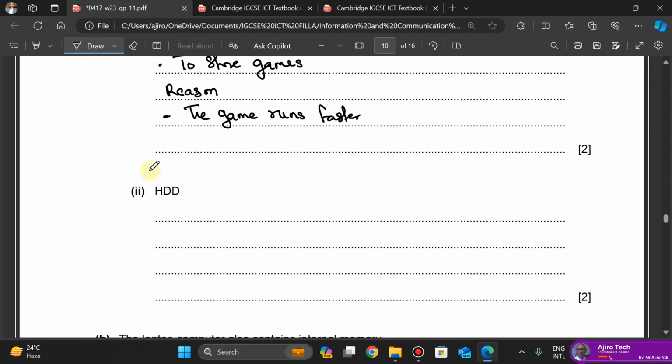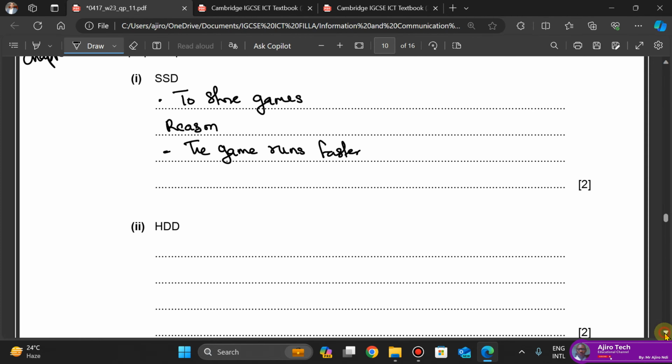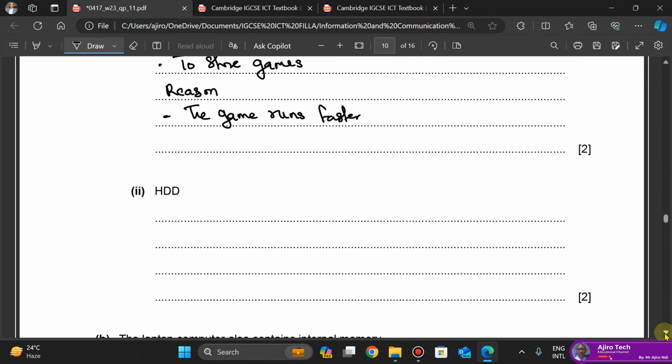For HDD, it will be to store files. Let me see. SSD is 32 gigs. If I have an SSD of 32 gig to store games, I can store a game real good with 32 gig and it's going to work well just for the game. Now, because HDD has more memory capacity, it is to store files.